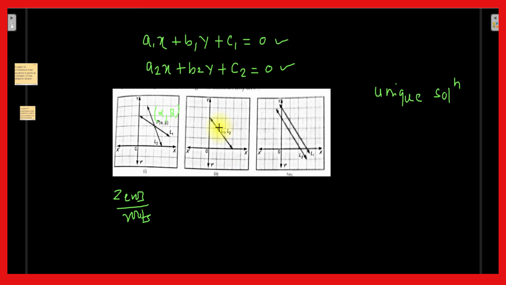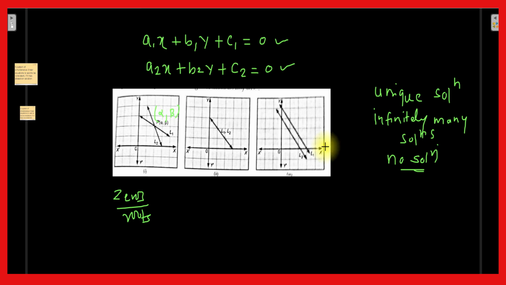Therefore, when the two lines coincide with each other, there will be infinitely many solutions. And in the third condition, since the two lines do not intersect each other, it has no solution. So the third possibility will be no solution.